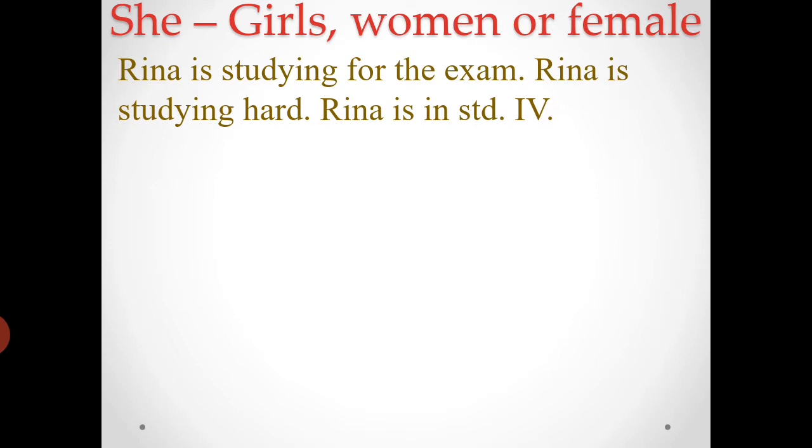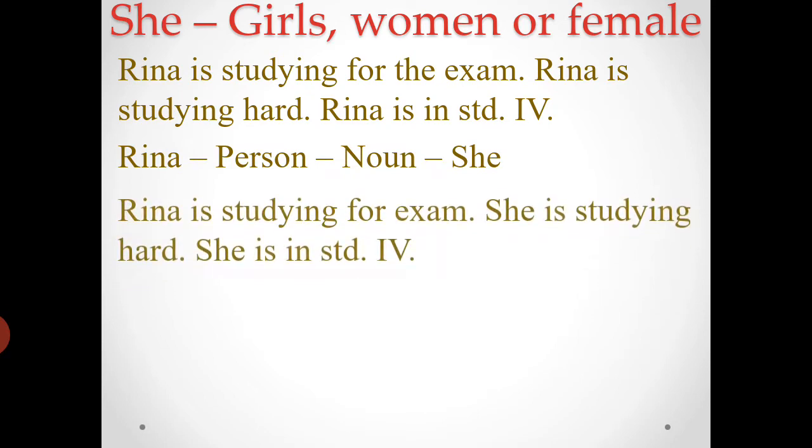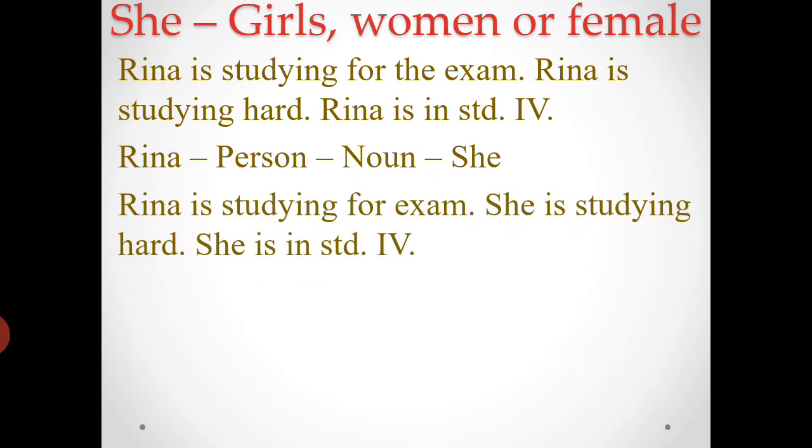Is there any alternative to using Reena? Yes. We can use she for Reena to avoid repetition. Reena, Reena, Reena. To avoid repetition, we can use she. She is the pronoun for Reena because Reena is a girl or woman, also female gender.